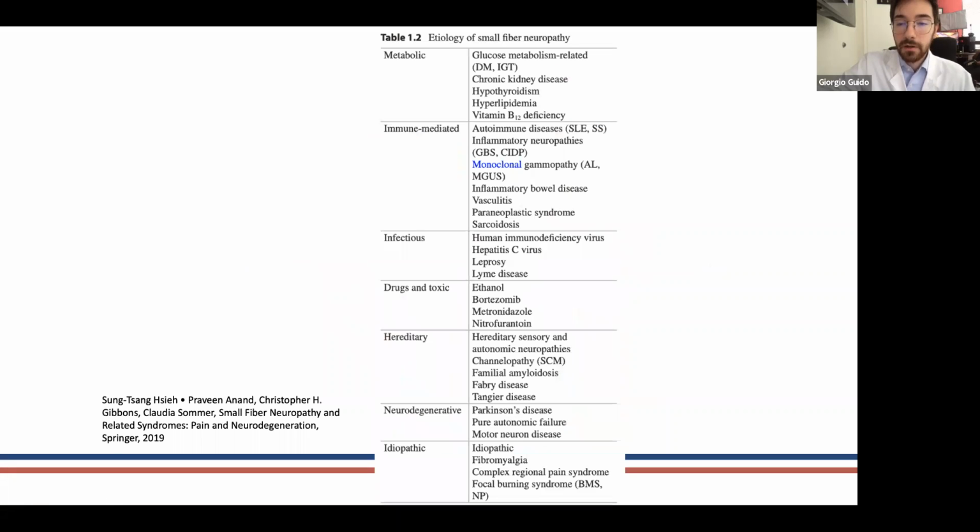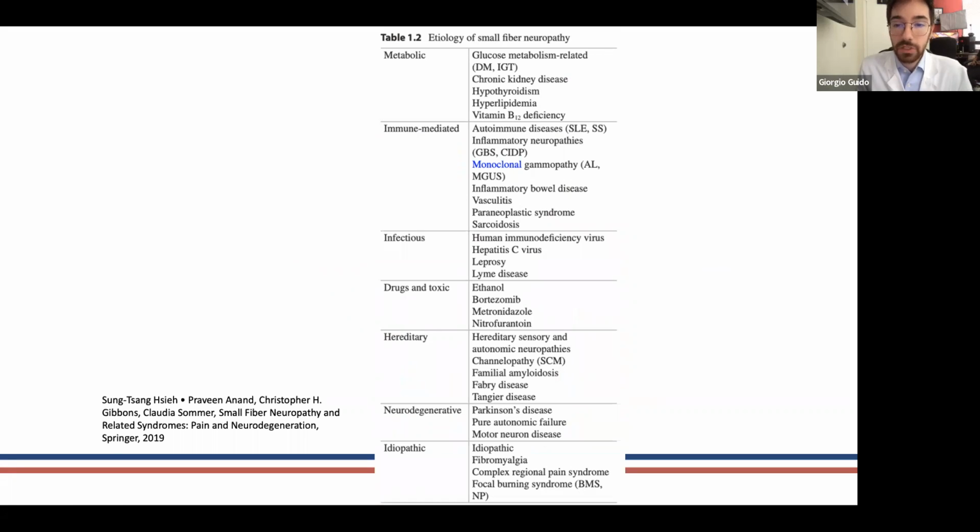These are many of the causes that we have to take into consideration. One of the most common causes is diabetes, of course, but we have also to think about vitamin B12 deficiency, and other autoimmune mediated causes, for example SLE or Sjogren's syndrome. We can also consider MGUS.